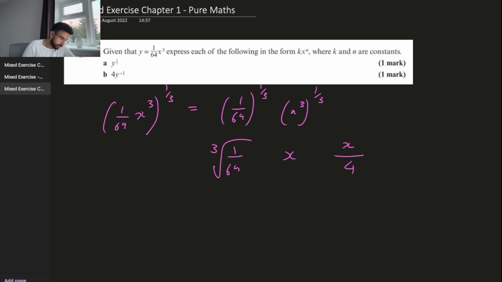So we've got 4y to the minus 1. Now what we've got to do is do 4 multiplied by 1 over 64 x cubed to the power minus 1. Now in this example, everything that is to the power minus 1 will flip.